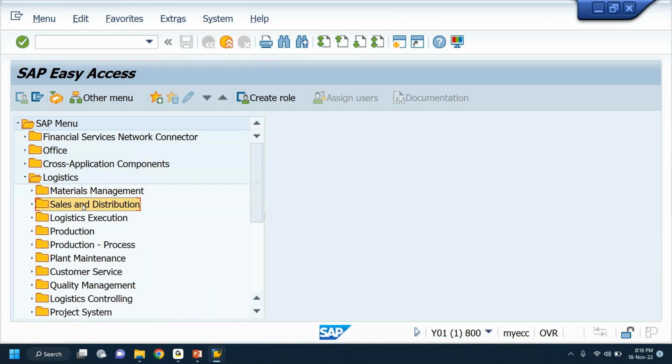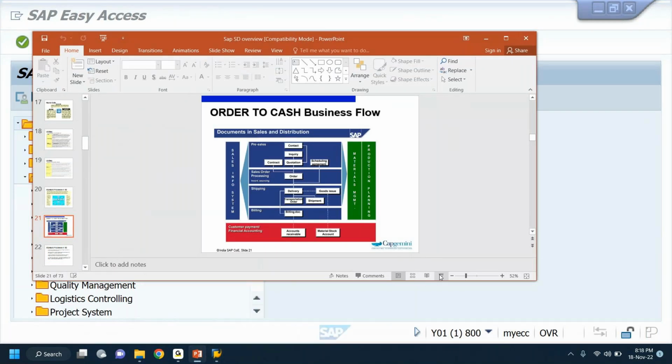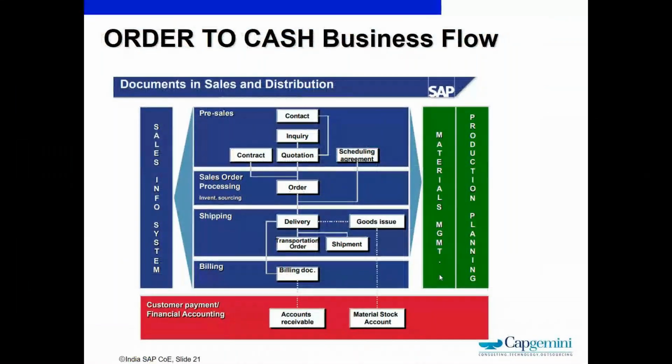But yes, if you talk about the demand cycle, this is how it works. MM is not the first module, because remember, without having customers in your business, without the order cycle, without the total order requirements and stock requirements, MM cannot do anything.